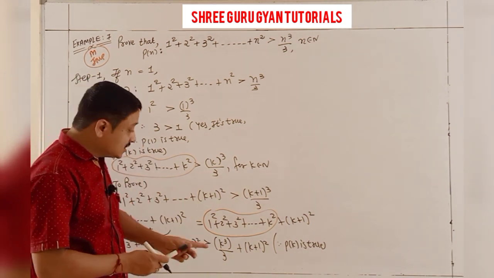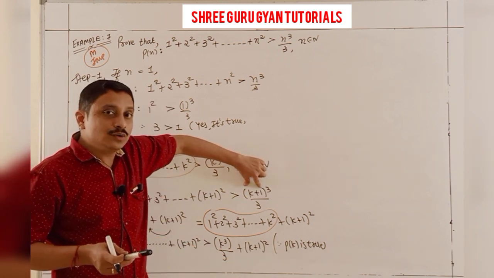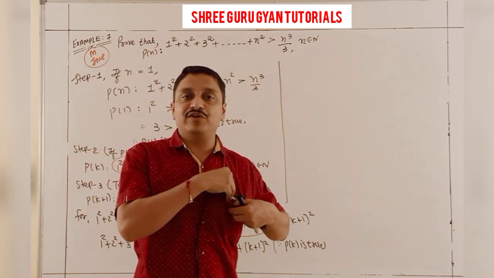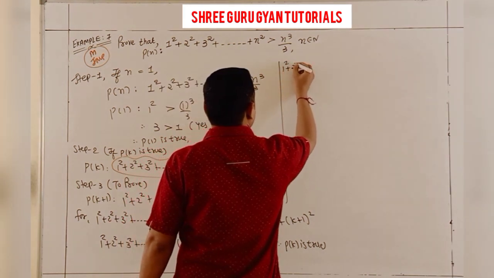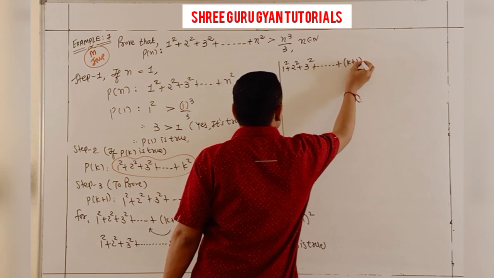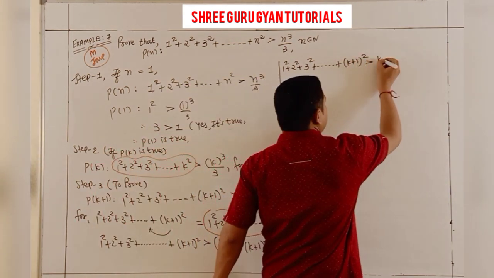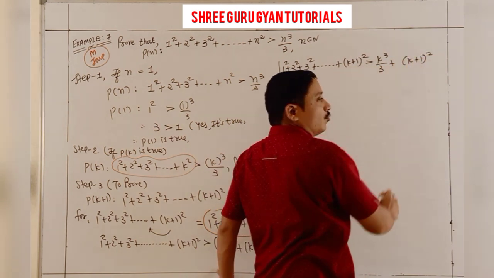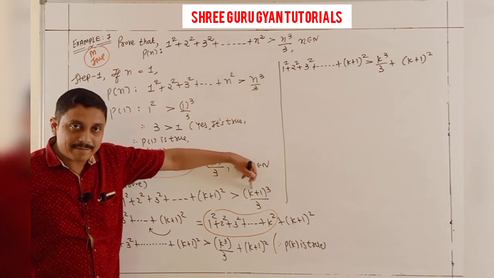Now check: is this answer actually proving it? No. I now go ahead with that kind of proving. So students, again write 1 square, 2 square, 3 square up to k plus 1 whole square is greater than k cube by 3 plus k plus 1 whole square, and I have to prove this in step 3.